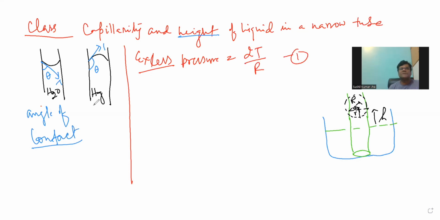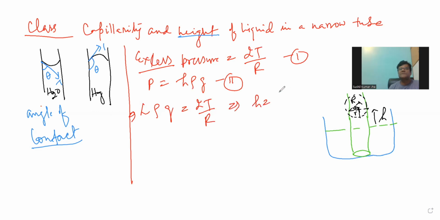And we also know that the pressure P is given by h rho g. So if we equate them, then we get h rho g is equal to 2T by R. Therefore, height becomes 2T by capital R rho into g.